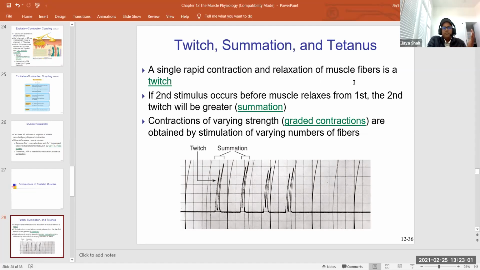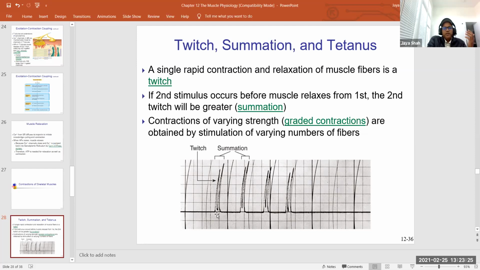Okay. So you see here, this is the myogram, and this is the electrical muscle contraction. When you give a stimulus, once the stimulus is adequate, you have a single muscle contraction.